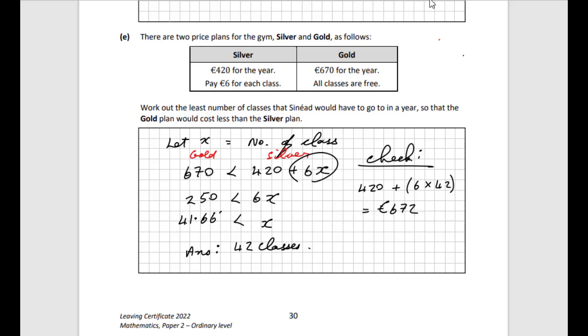So that's just slightly over the €670 it's going to cost to join the gold plan. If she takes one less class, that'll be 672 minus 6 euros, which will bring her under the €670 for the gold plan. So 42 classes is the correct answer in this case. Okay, so that's it for this question and indeed this paper as well.